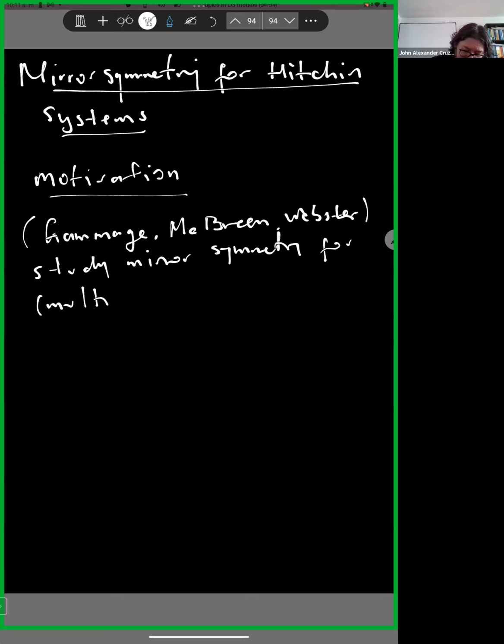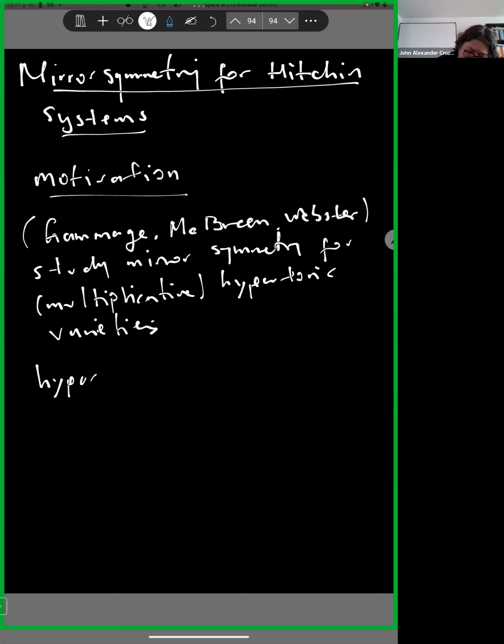I will say what this multiplicative means in a second. Roughly speaking, a hypertoric variety is just a hyperkähler analog of a toric variety.